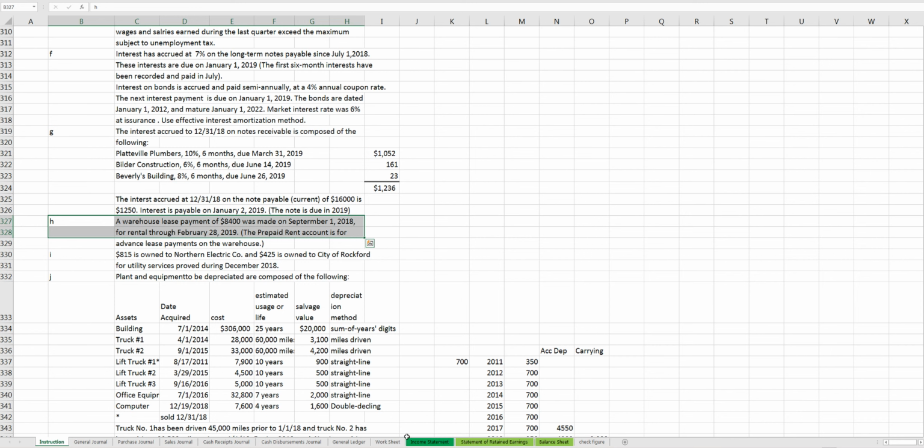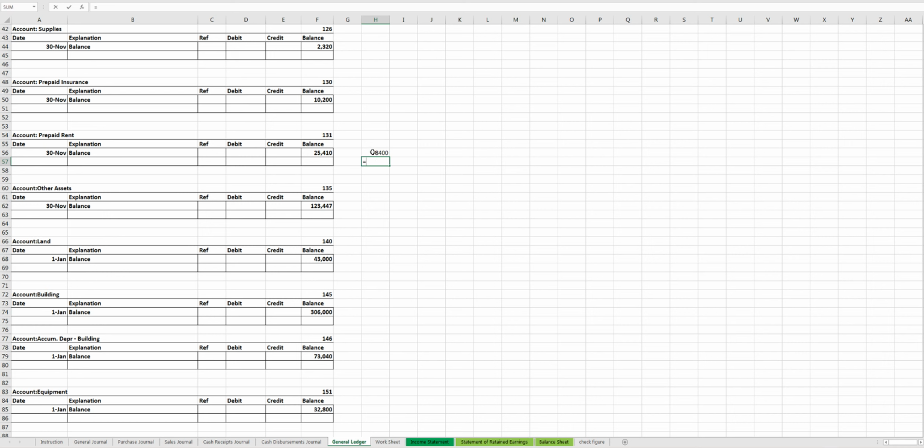So what is my old prepaid rent? That's $17,010. $17,010 was my really old prepaid rent, and by the end of the year, it should also be expensed. So we expense this amount and part of this amount. That is the total rent expense. We're going to report that, and we credit prepaid rent.